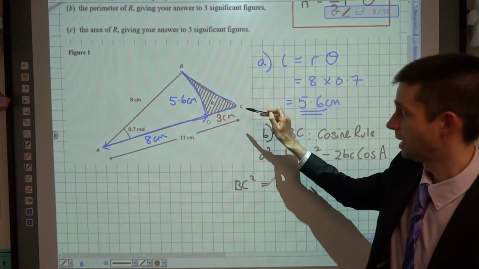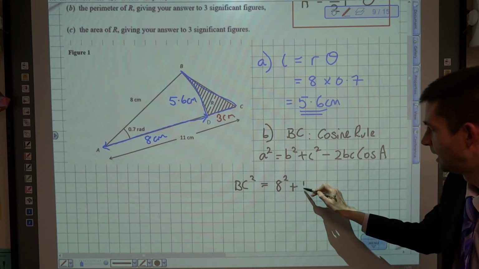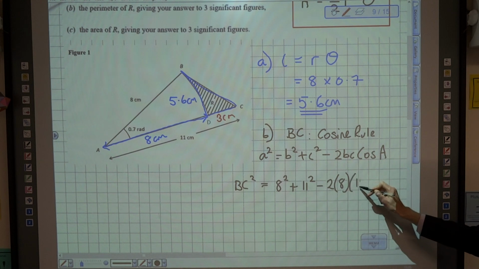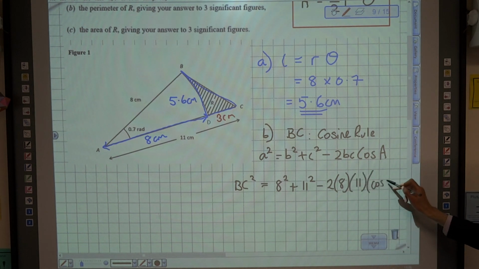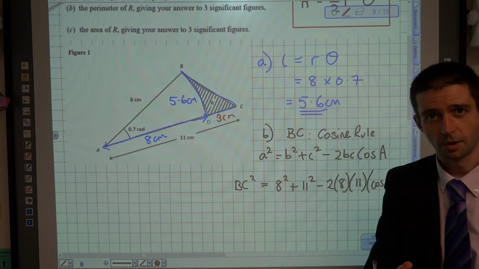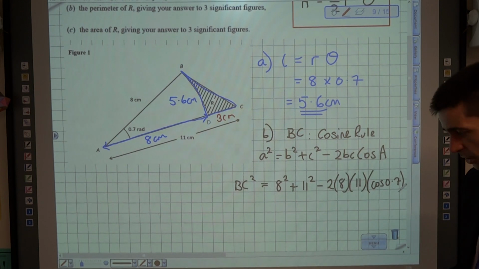That could be these 2 sides either way around, so 8 squared plus 11 squared minus 2 times 8 times 11 times cos of 0.7. That's in radians, and we don't need to worry about that because we've got the calculator in radians mode already. So let's just put that in.